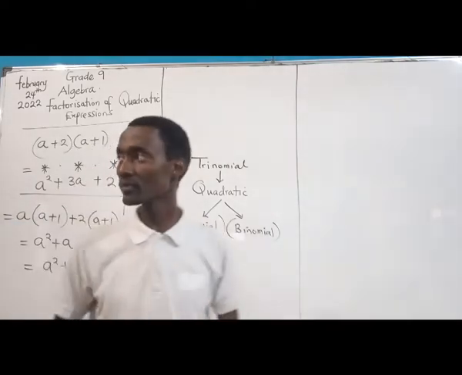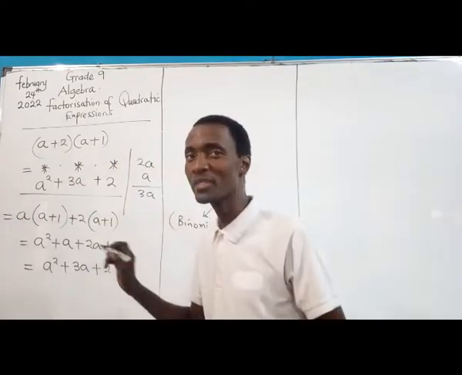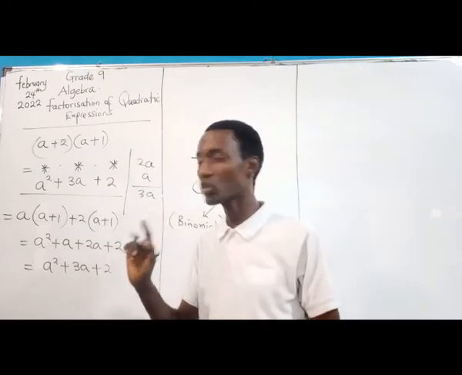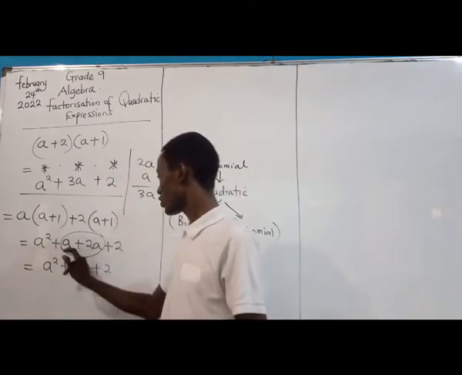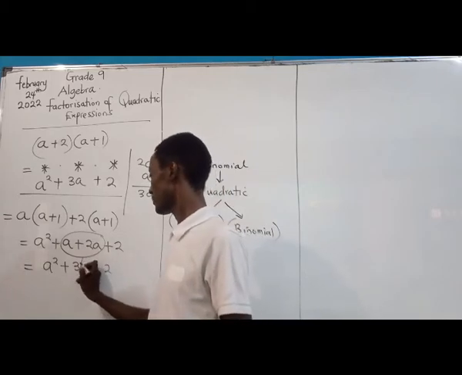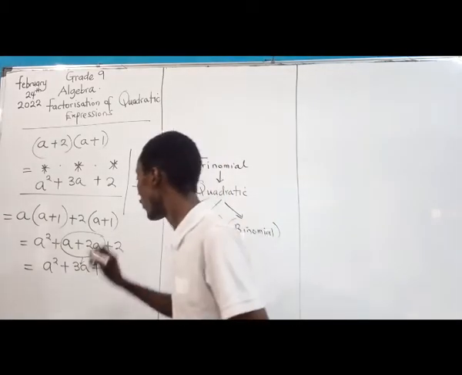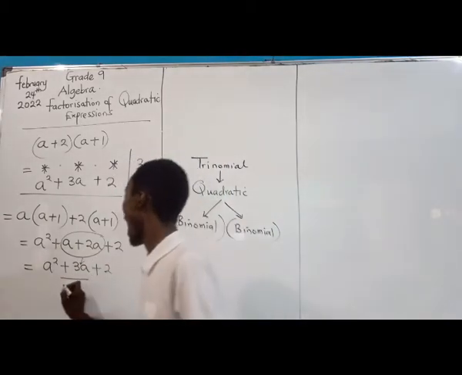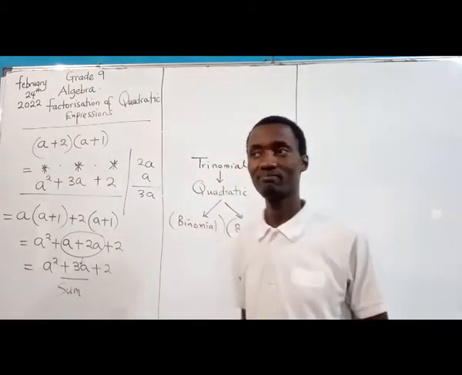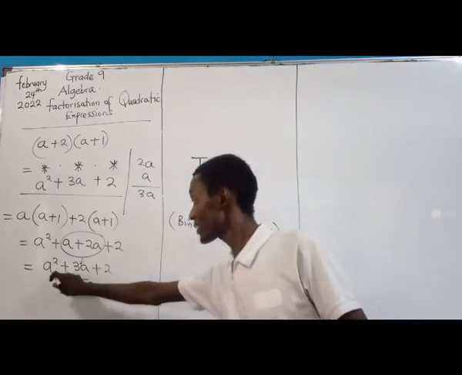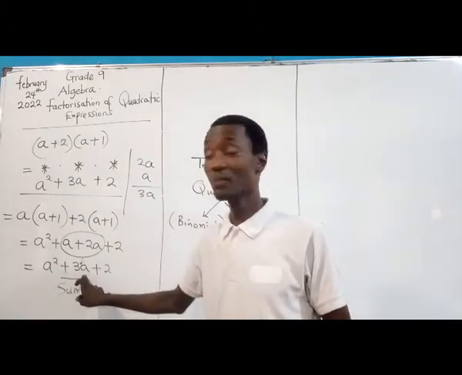Now, what you would observe if you have paid attention to what we are doing is that we obtain these two terms will give me this term. Is that not? So it is safe for me to say that to obtain this term, I simply sum. To get this term here, I simply do what?